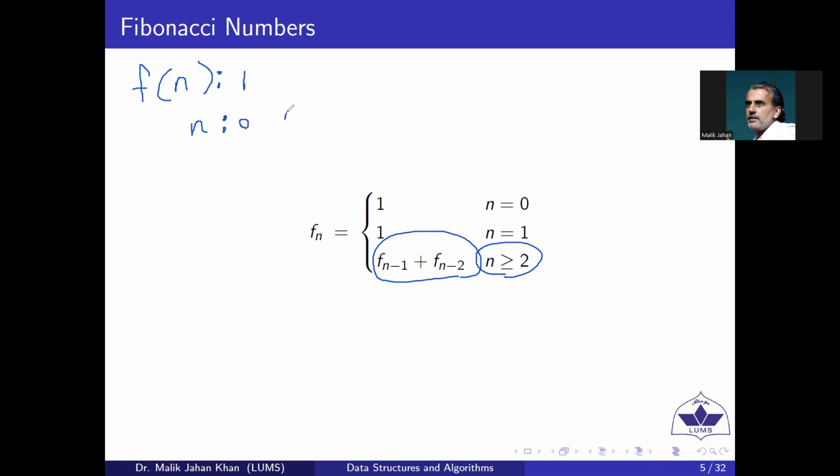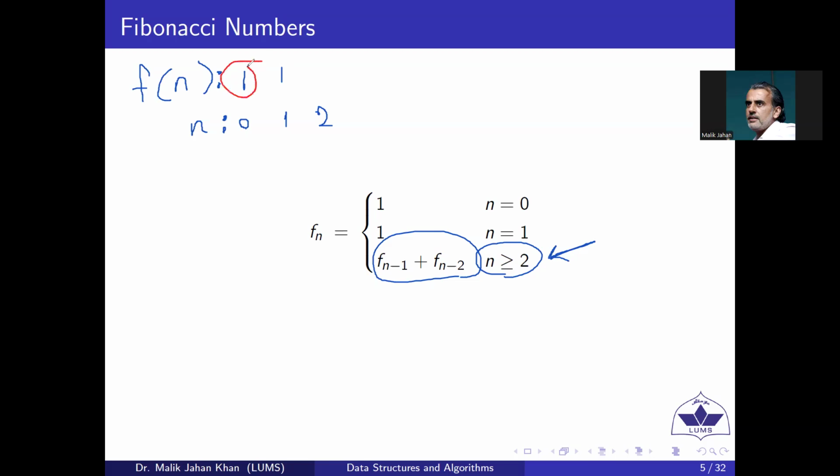If we think of the first Fibonacci number, that's also 1. If we think of index 2, we are talking about practically the third Fibonacci number. f of 2 is the sum of the previous two Fibonacci numbers, which are known over here as 1 and 1.